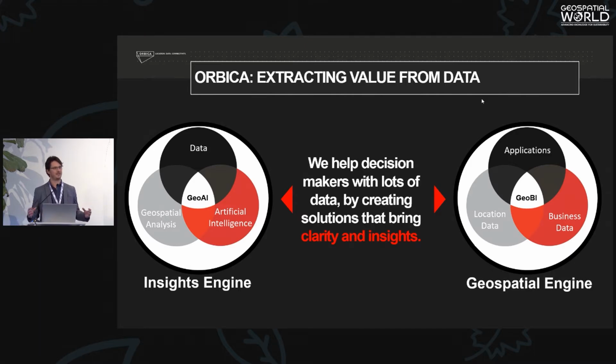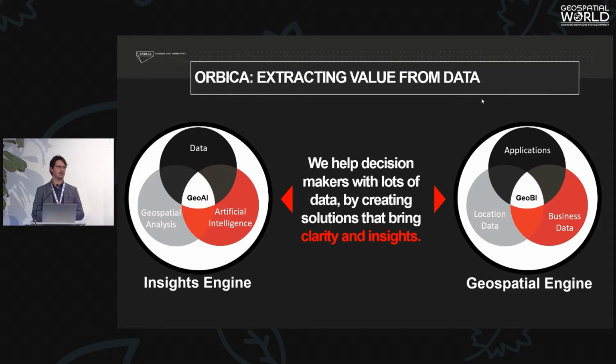On the left side, we have the Insights engine, where we're combining data, artificial intelligence technologies, and geospatial analysis to provide better insights for our customers. And the other part is where we're providing location data and combining that with organizational data and building applications.